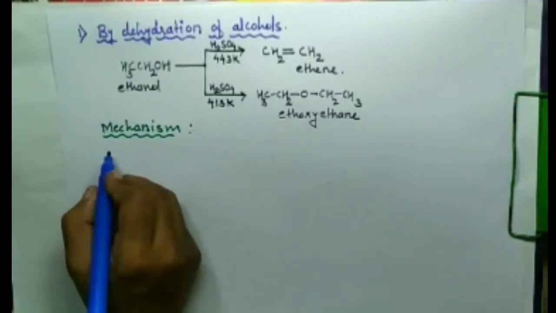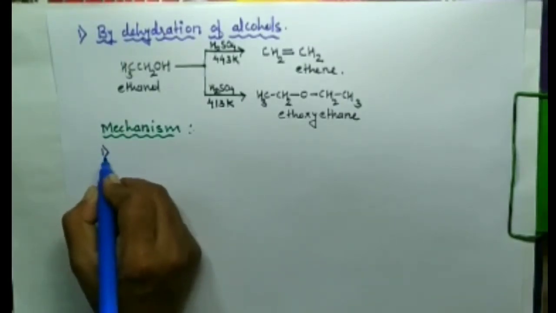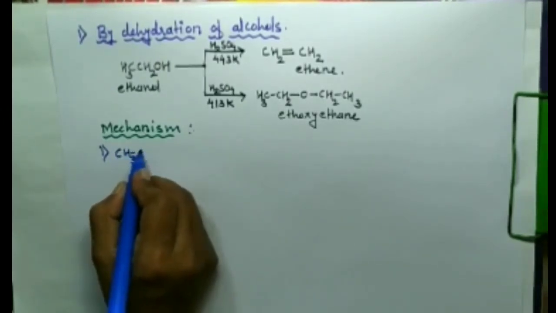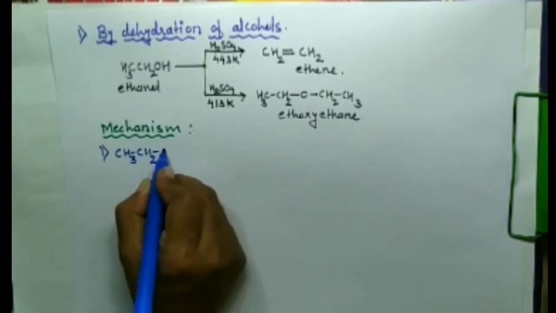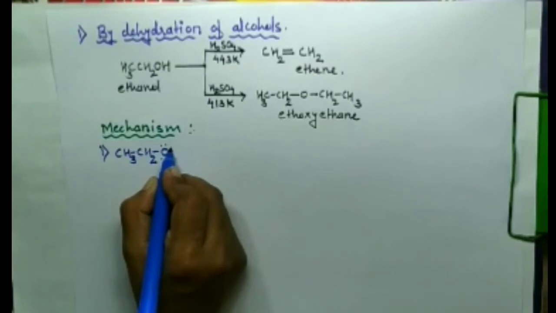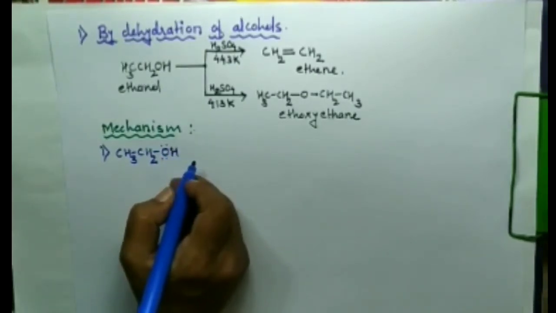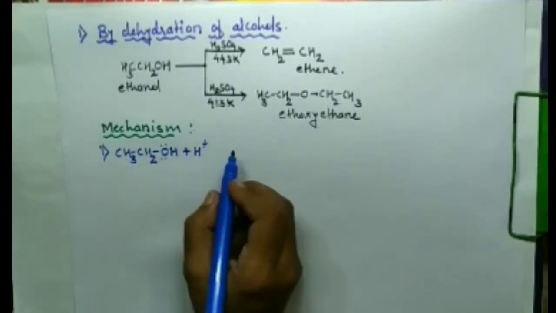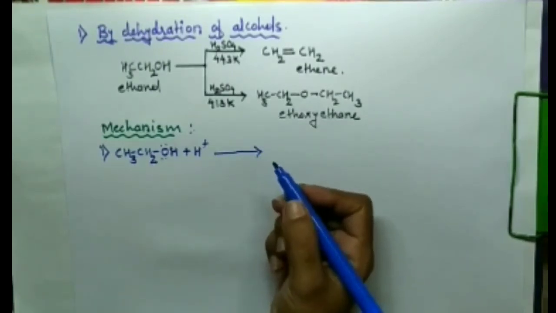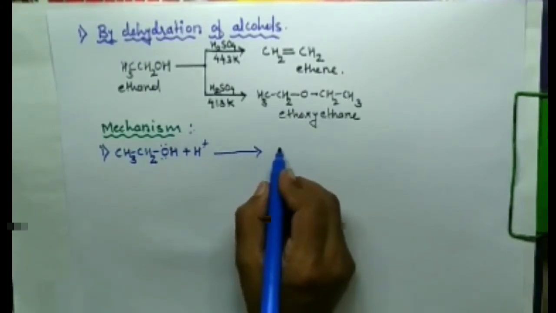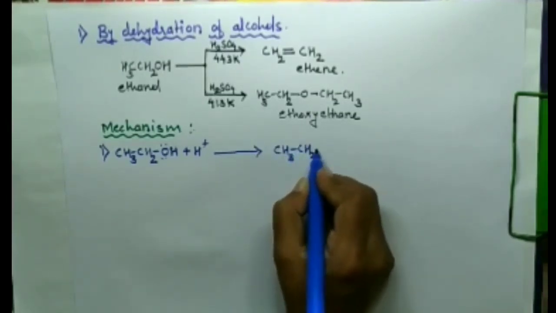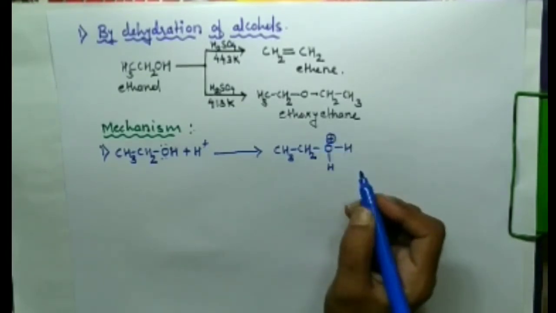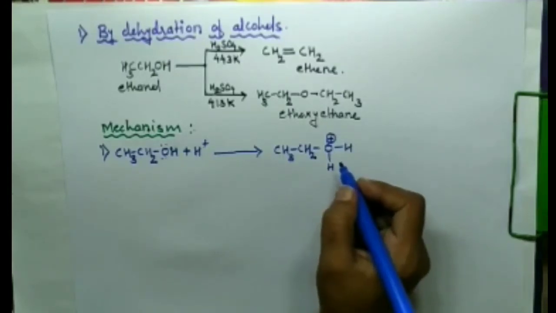So in step 1, CH3CH2OH, the first step is protonation of alcohol, and we will get protonated CH3CH2OH. After protonation it will have a positive charge, and this is called protonated alcohol.